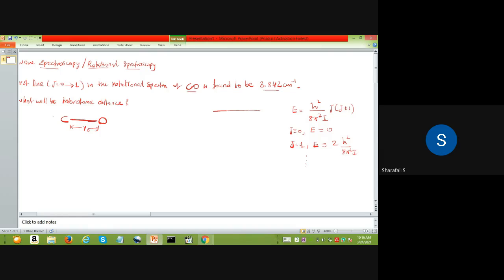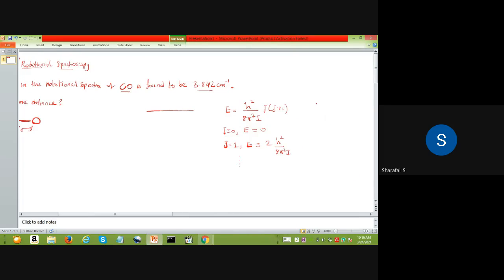And if you calculate the same energy in terms of wave number, then you have to consider nu bar equal to h by 8 pi square I c into J into J plus 1. This is the equation for the wave number.